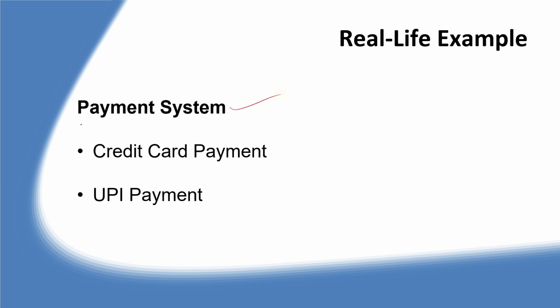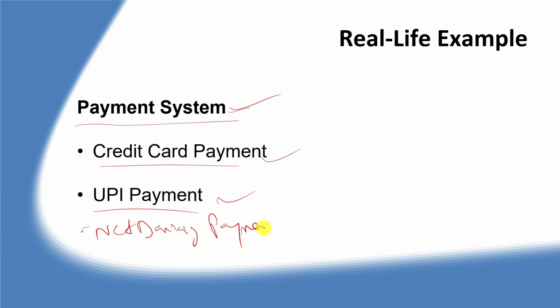Payment system. We have one system, and these are the credit card payment and UPI payment, two different ways of doing payment. And we can add one more, let's say net banking.